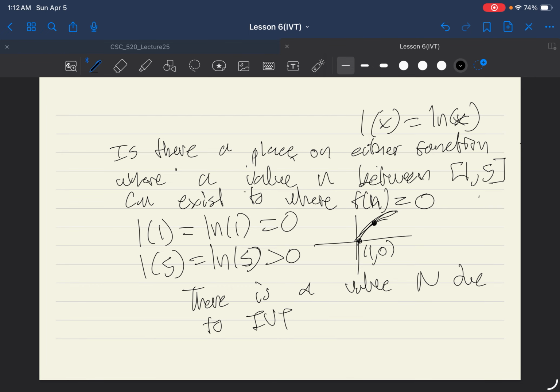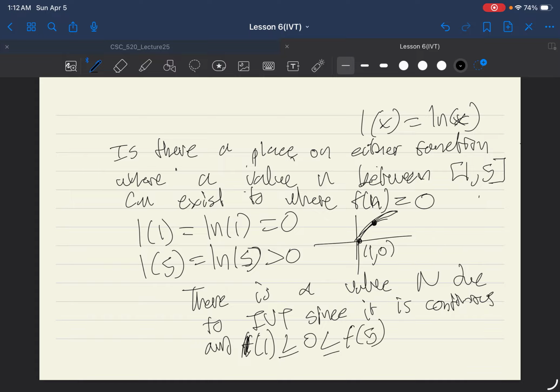You have to write due to IVT since it is continuous and L of 1 is greater than or equal to 0, which is greater than or equal to L of 5. Therefore, IVT is confirmed. All right.